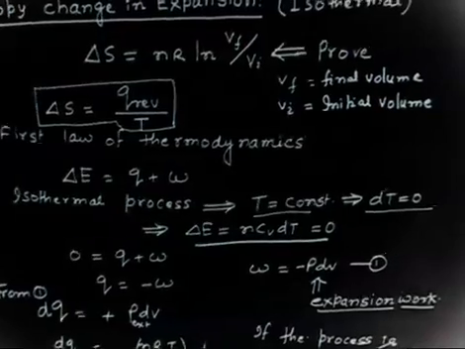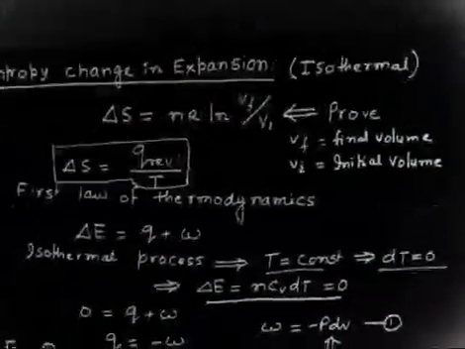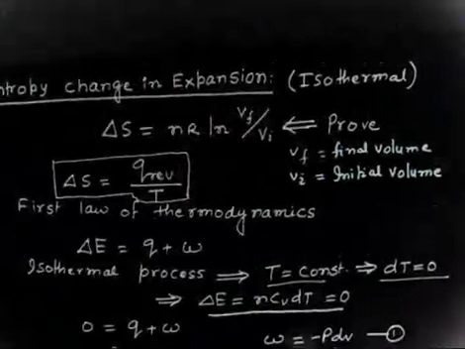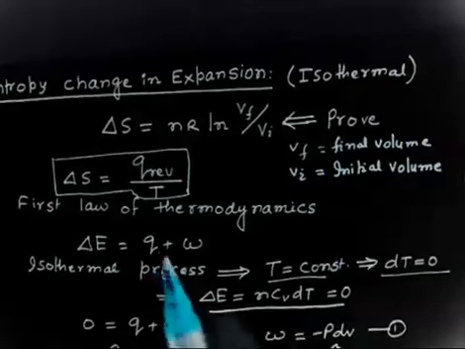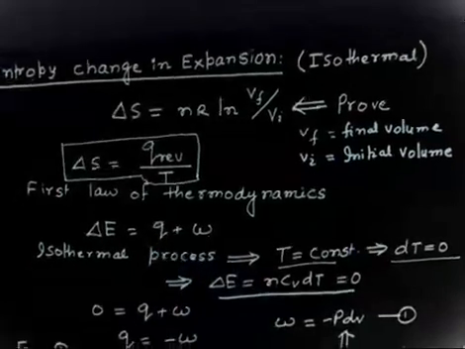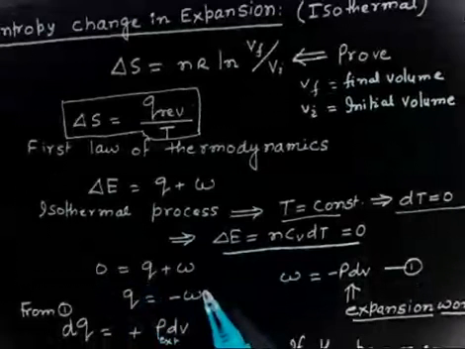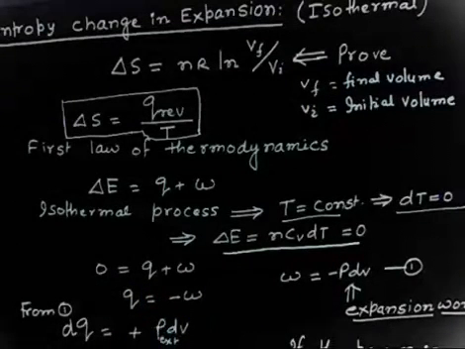So if dT is 0, then nCv dT also becomes 0, so the change in internal energy is 0. If I plug this value into the equation, 0 equals Q plus W, or Q is equal to minus W.